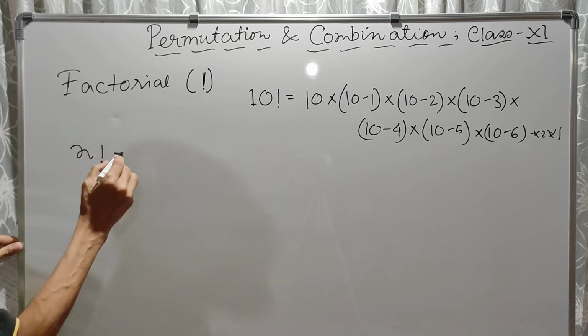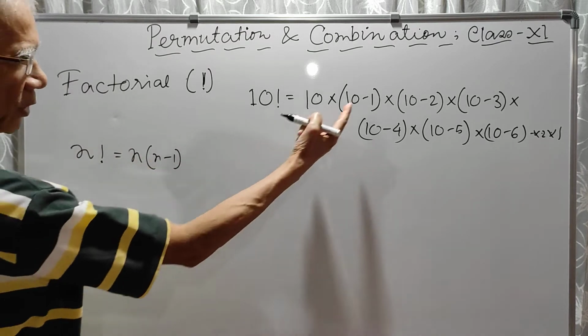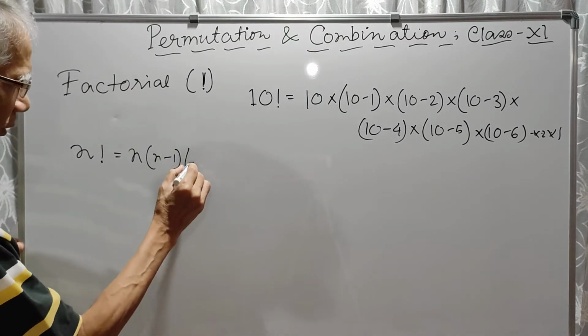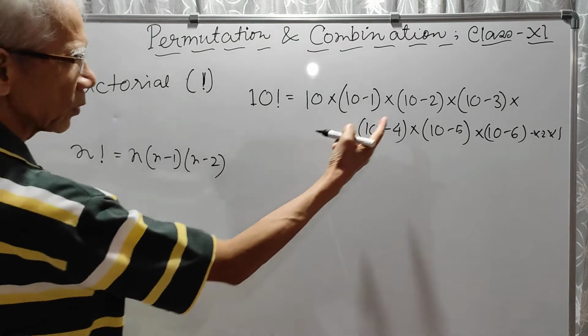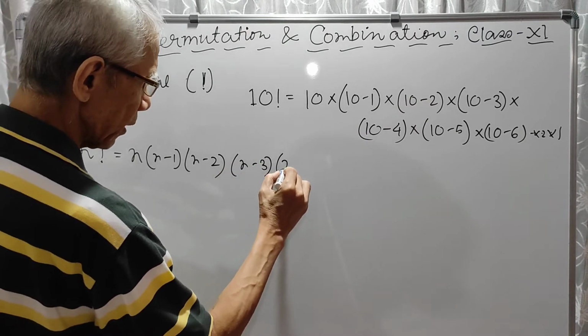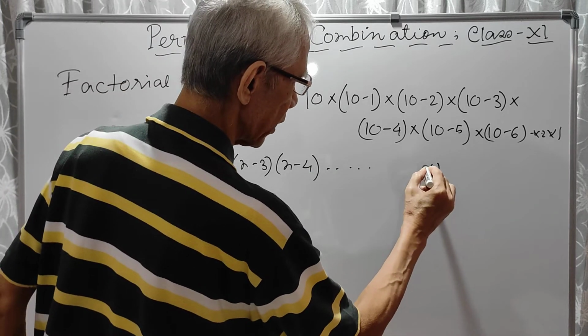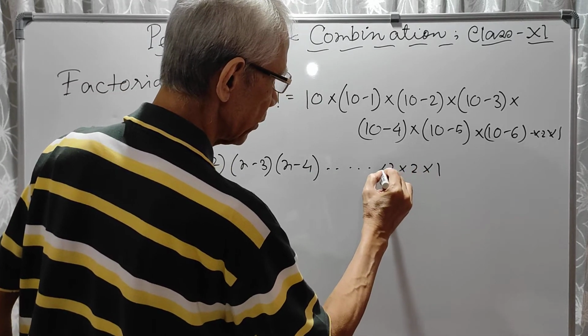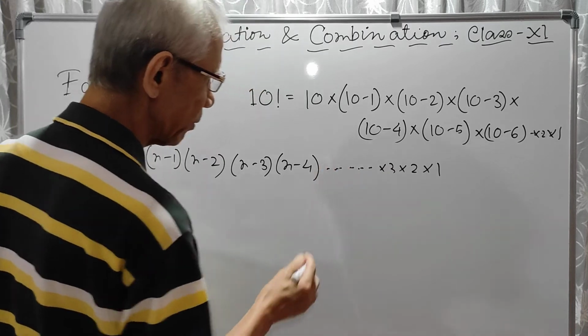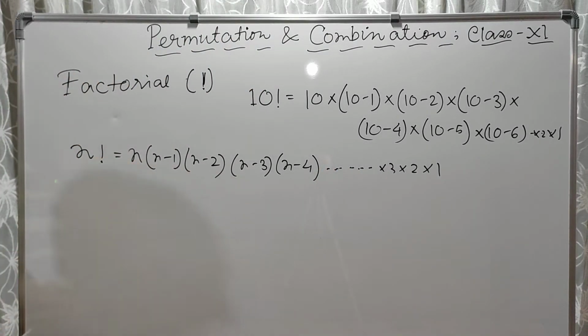Now n factorial will be n into n minus 1, because you see decreasing by 1, into n minus 2, then n minus 3, n minus 4. It will go on starting from 1, 1 into 2 into 3, that way up to n minus 4, n minus 3, n minus 2, n minus 1, n.